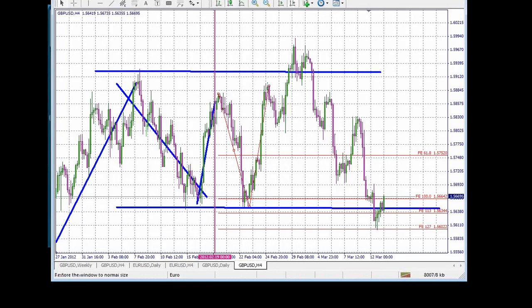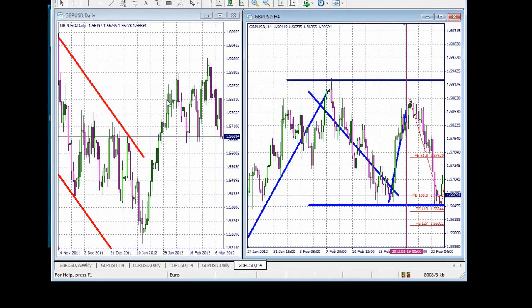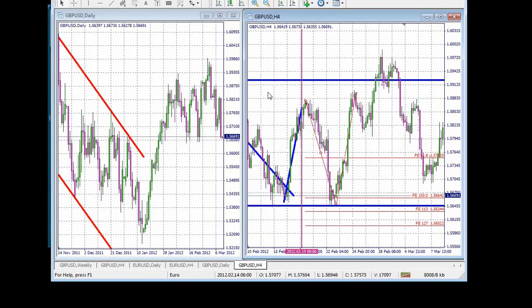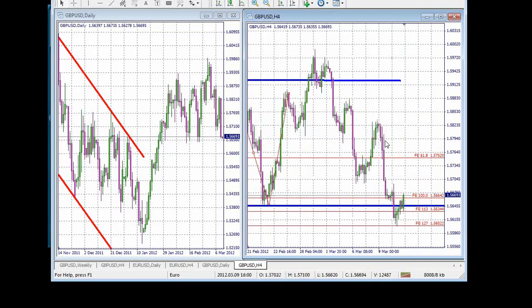So let's see what is happening when we have all the indicators on the chart. So I have those two charts.